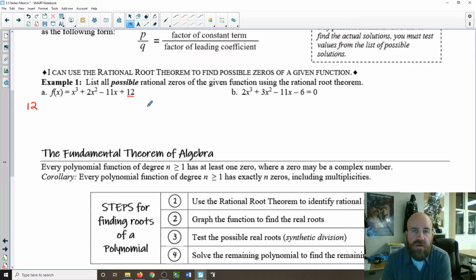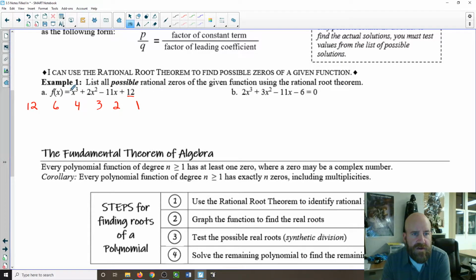So 12 times 1. So I'm going to list them out here in order. We have 6 and 2, 4 and 3, so I'll have these out there. So 12, 6, 4, 3, 2, 1 are factors of 12.